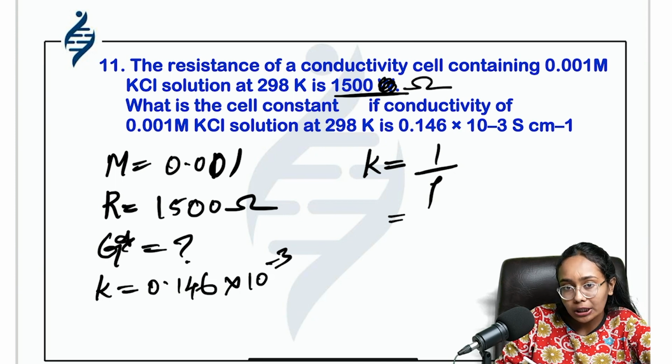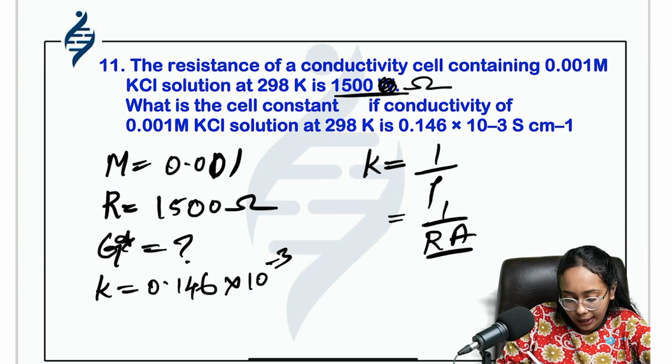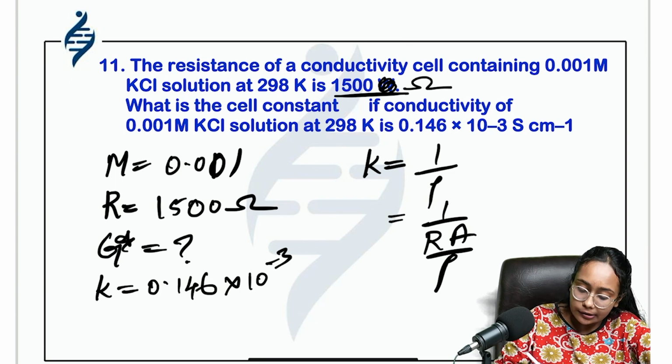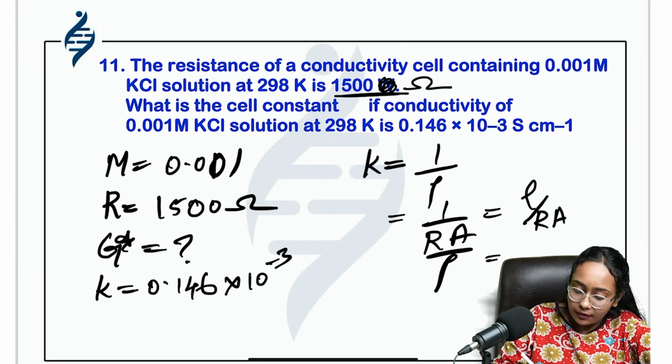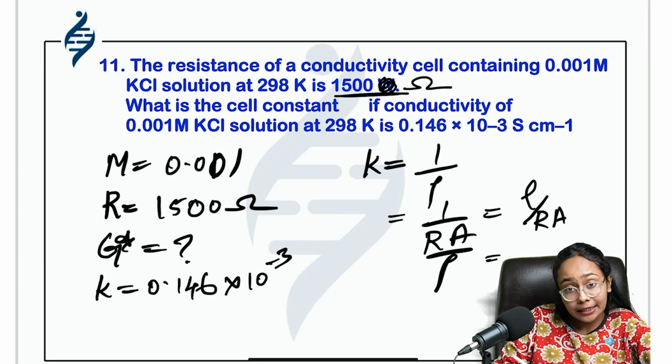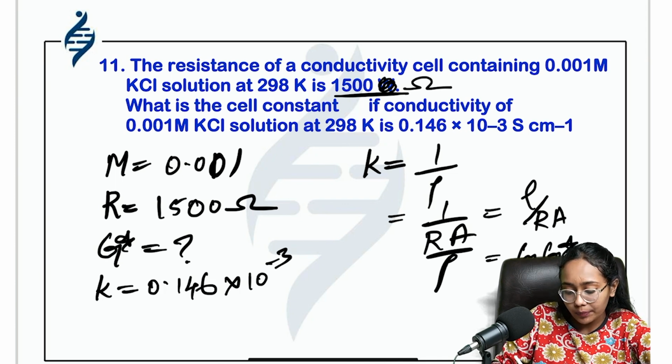Resistivity is actually Ra by L. So 1 by Ra by L. Taking L to the numerator, L by Ra, where 1 by R is the conductance. Reciprocal of resistance is the conductance. So G, and L by A is the cell constant, G star. I'm putting it as G star.